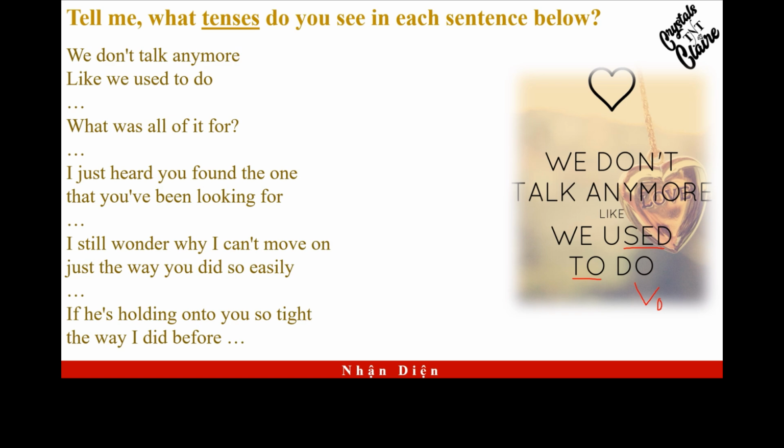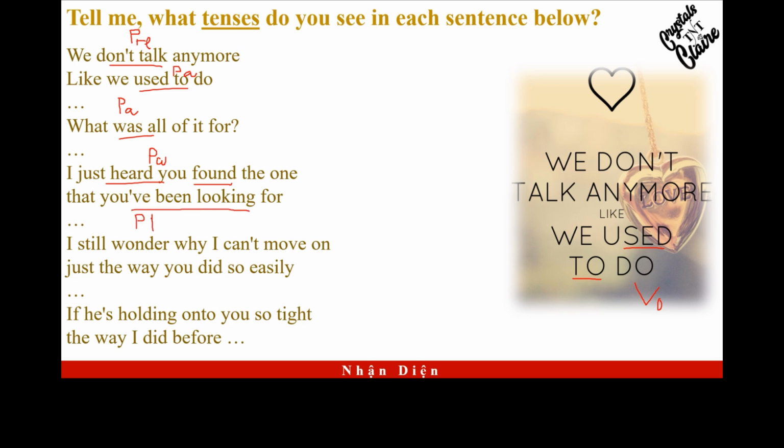Tell me, what tenses do you see in each sentence below? We don't talk anymore like we used to do. Okay, what tense? Don't talk, present. Okay, if it's present, write like this. Okay, used to, past. Was, past. Heard, found, past also.